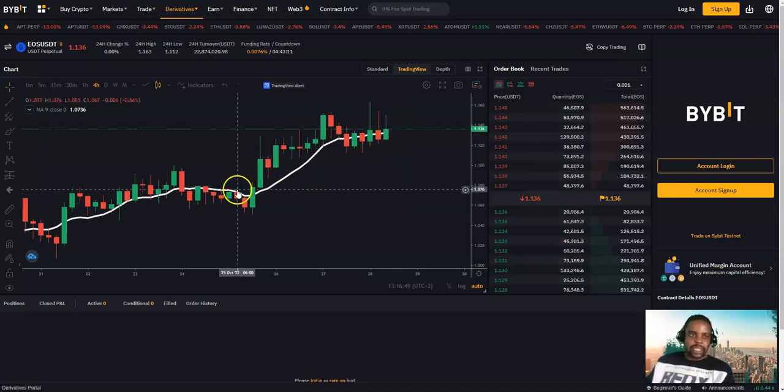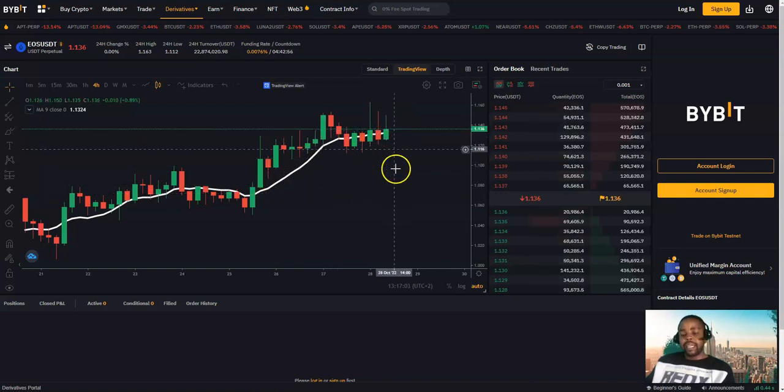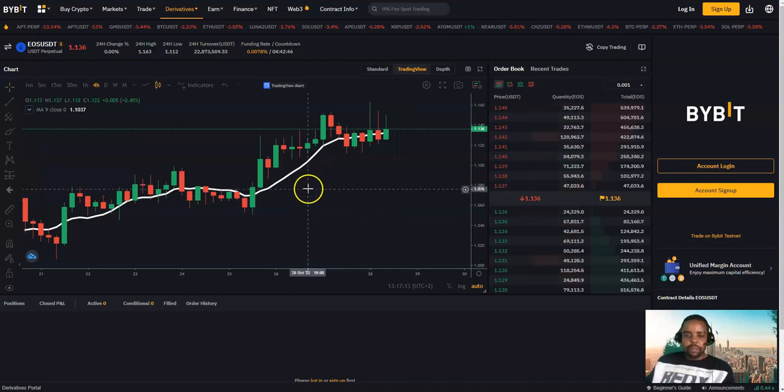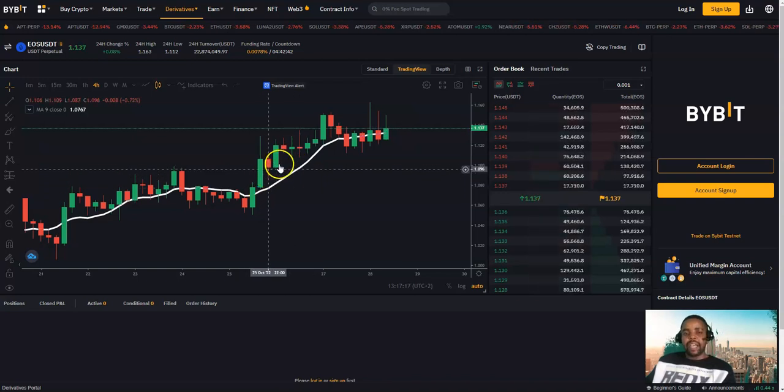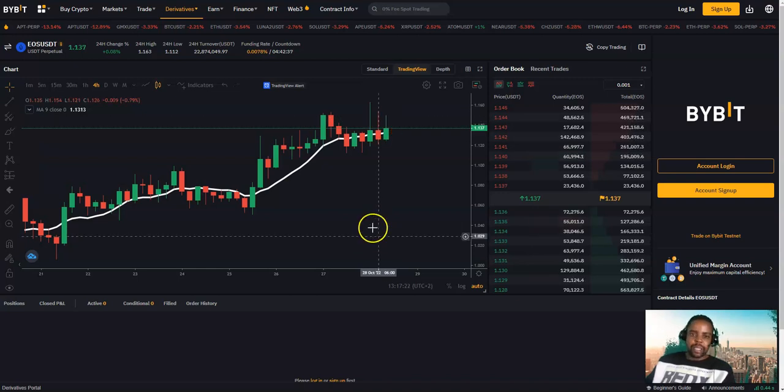As you can see, EOS versus USDT has been a bull trend, and then here the moving average comes over the candlesticks. When the moving average comes over the candlesticks, it shows the market is going to go down, it's a sell, it's market weakness. So to put it straightforwardly: when the moving average comes beneath, it's market strength, and when it comes above the candlesticks, it's market weakness. That's the basic one.